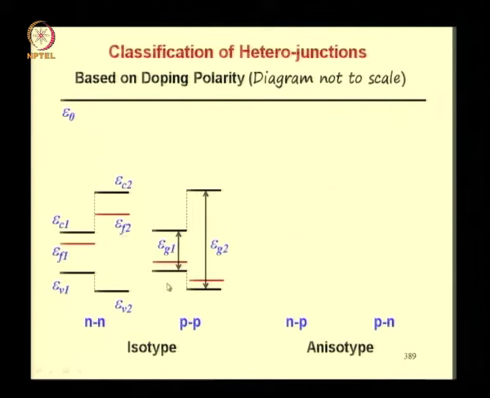Same nomenclatures would apply to all the cases, though we have not shown these symbols on all the diagrams to avoid cluttering. The discontinuity in the conduction band edge is represented using the symbol delta Ec, and discontinuity in the valence band edge is indicated using the symbol delta Ev. So in this case, for example, this is delta Ec and this is delta Ev.